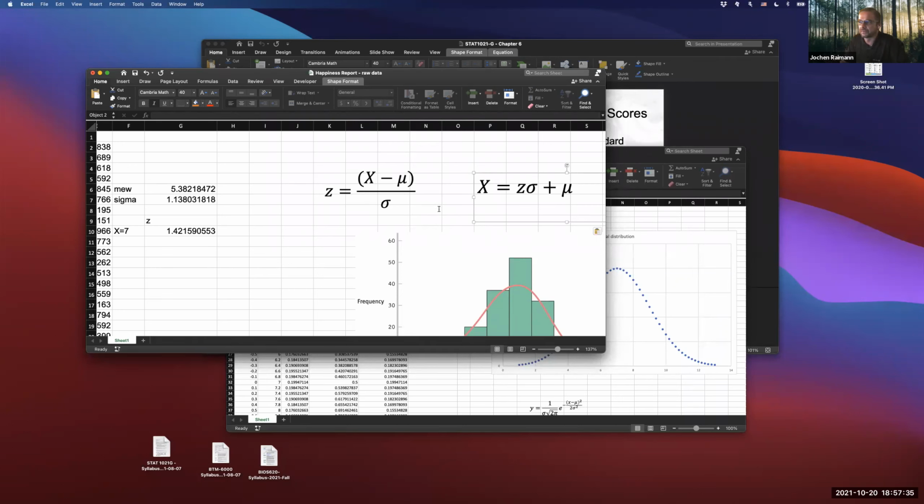If you want to do the opposite, you're doing the same thing, you just rearrange the equation. You first multiply the left-hand term by sigma, and by that you get rid of the sigma. Then you just add the mu to your Z multiplied by sigma, and you're calculating your x.